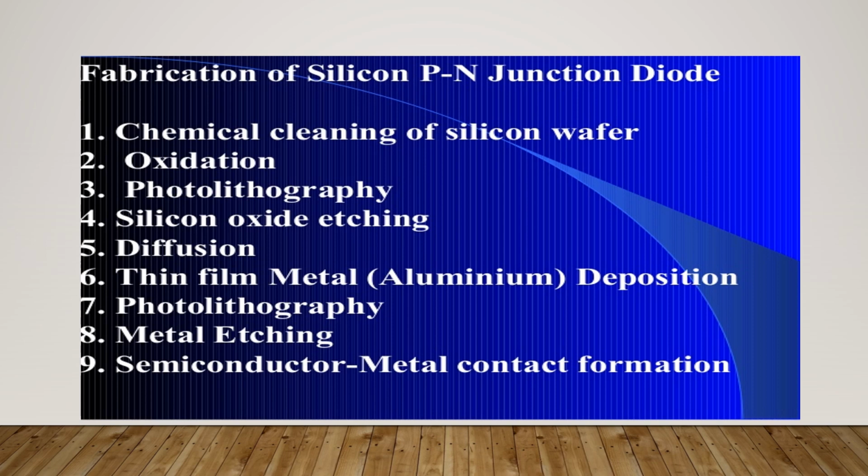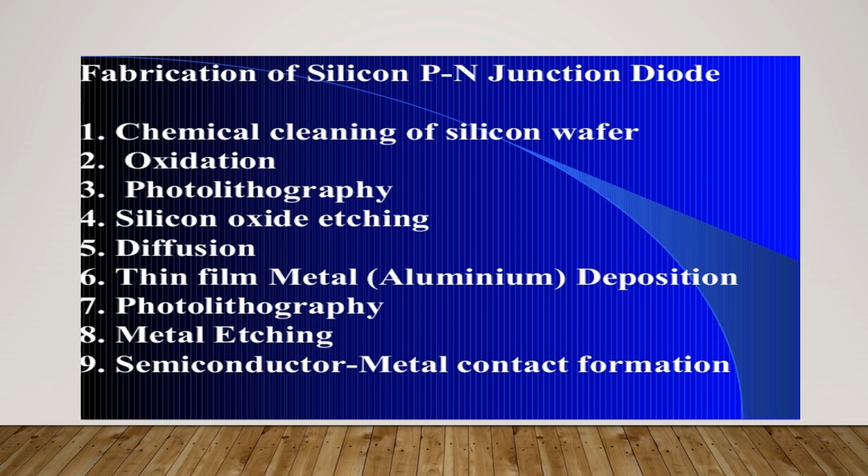Then comes photolithography, that is, you will produce windows inside the semiconductor material, and then from there you will deposit the dopants in through those windows. Now as the windows are created by photolithography, the silicon oxide etching is conducted.